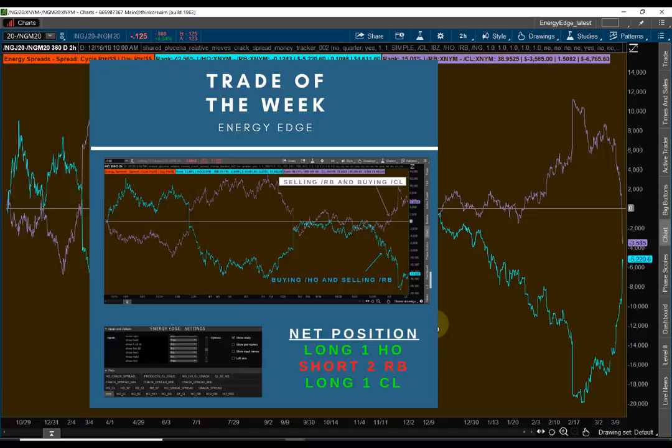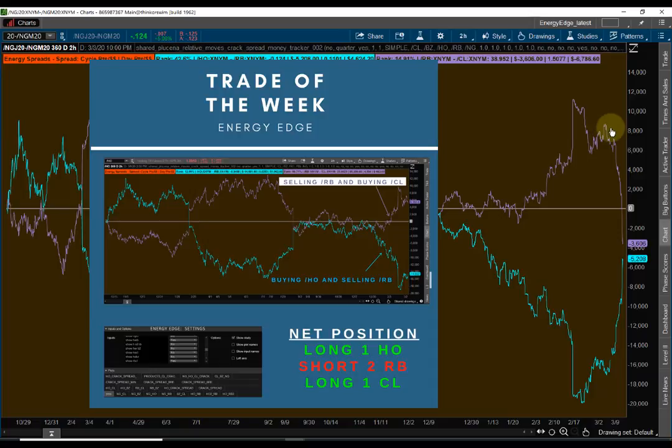Long 1 HO, short 2 RBOB, long 1 CL. It's a butterfly. But if you go through the position, all we're doing, buying HO, selling RB, that gets us long this light blue. At the same time, selling an RB, buying a CL, that gets us short the purple.